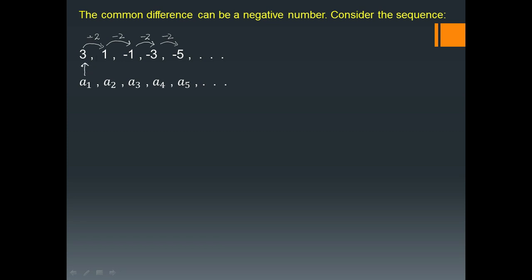This is the first term, this one is the second term, this one is the third term, this one is the fourth term, this one is the fifth term, and so on. There is no doubt that this sequence is an arithmetic sequence because the common difference over here is -2.